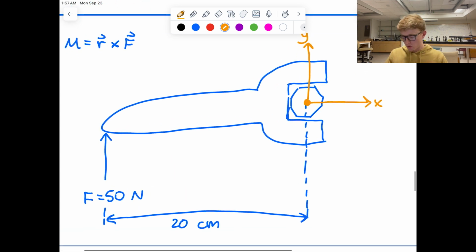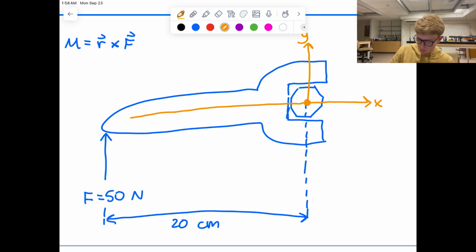Now, r is always going to go from the point about which the moment is occurring, so this point right here on our bolt, to the location where the force is applied, always in that order. So this is my vector r.